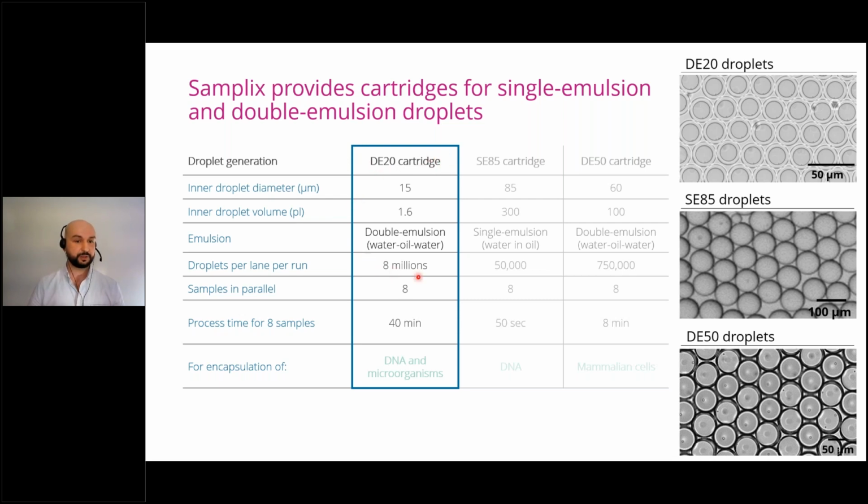We can produce 8 million droplets per run, and this in parallel, so 8 times 8 million droplets in 40 minutes. Basically, we use these droplets for the encapsulation of DNA or microorganisms, alongside other cartridges, which are used mainly for mammalian cells and for DNA in the case of single emulsions.